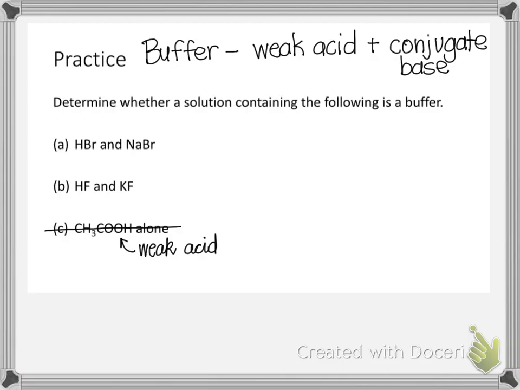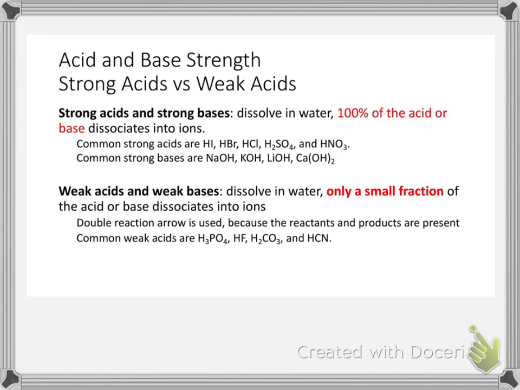Now, the second one, it says determine whether the solution is a buffer. So what you have to know is, is this acid a weak acid? Let's look, and you don't have to memorize these. These would be given to you, but here is a slide from a previous lecture, and it has listed the common strong acids.